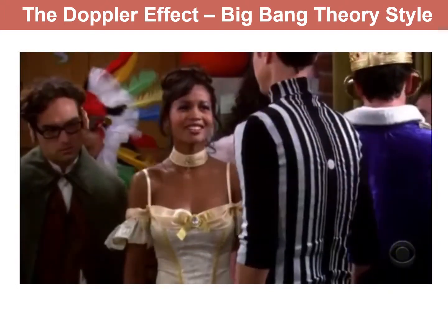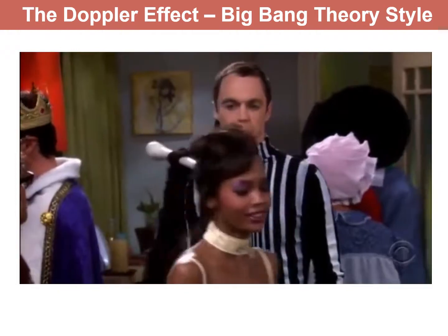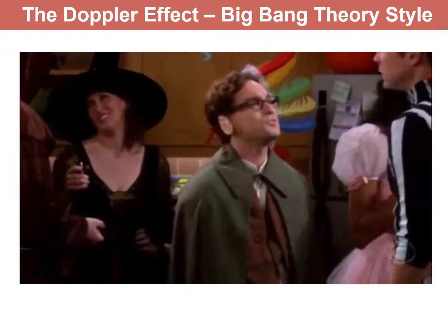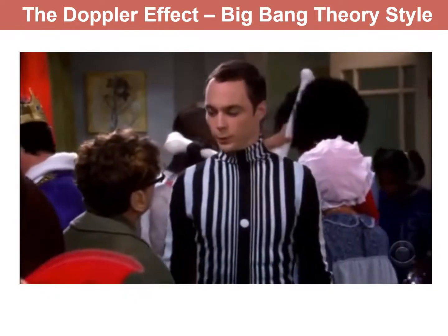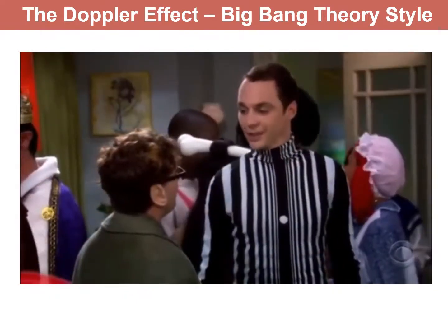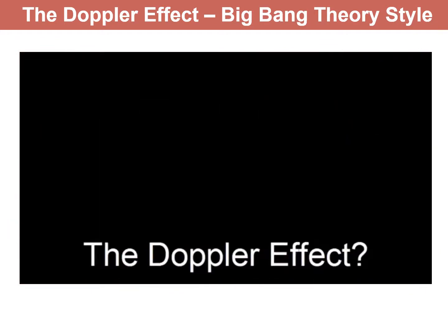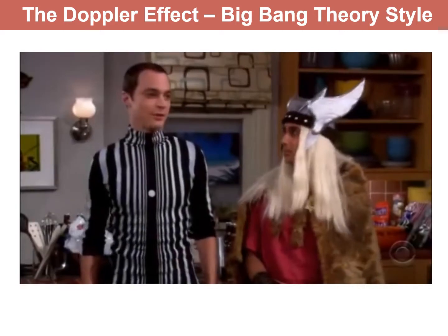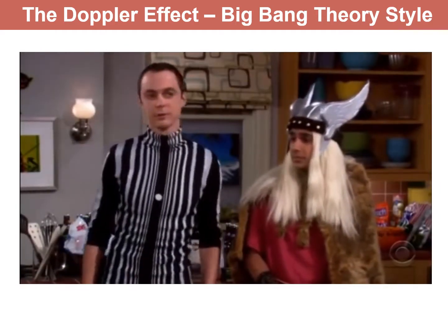Okay, if that is some sort of learning disability, I think it's very insensitive. Why don't you just tell people you're a zebra? Well, why don't you just tell people you're one of the 7 dwarves? Because I'm Frodo. Yes, well, I'm the Doppler effect. It's the apparent change in the frequency of a wave caused by relative motion between the source of the wave and the observer.